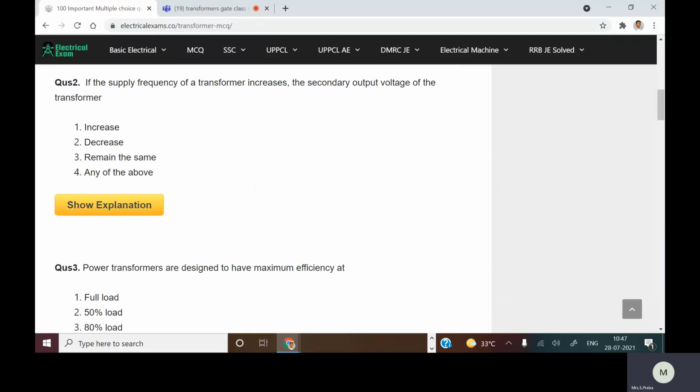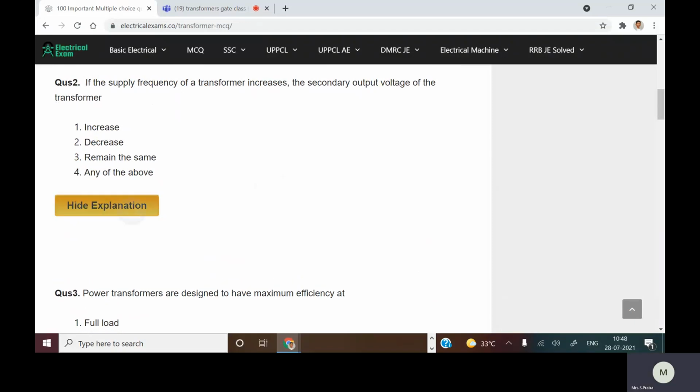That is, if you change the frequency, what will happen to your output voltage? For this, you must know the relationship between voltage and frequency in a transformer. Any guess you can explain, or else we can go for the explanation part.